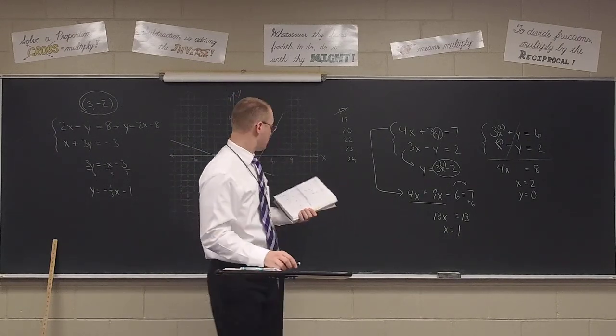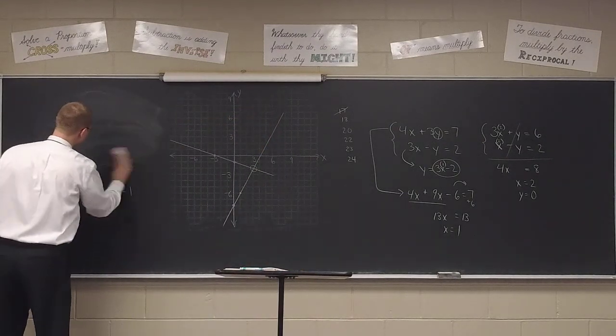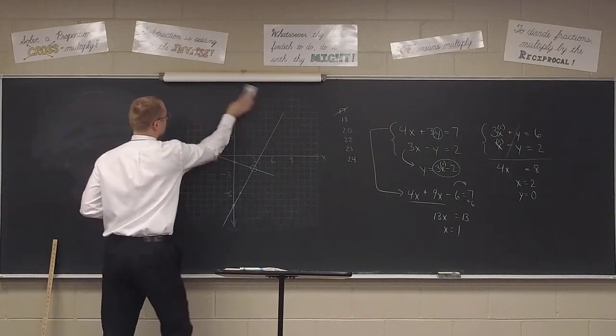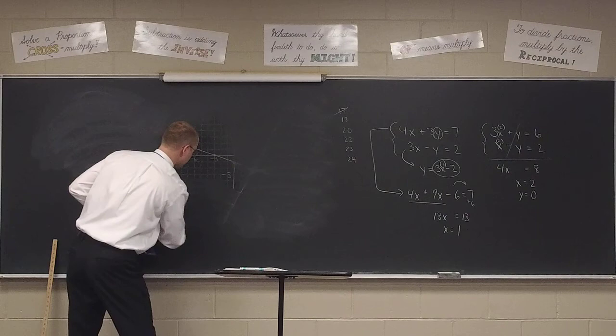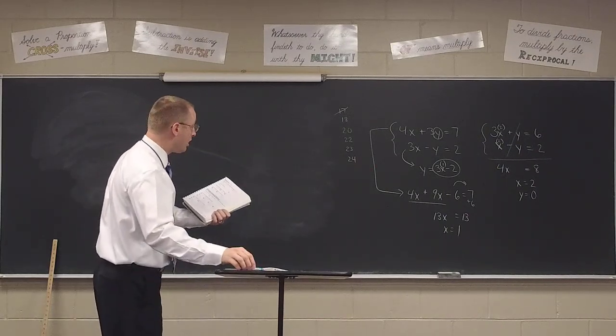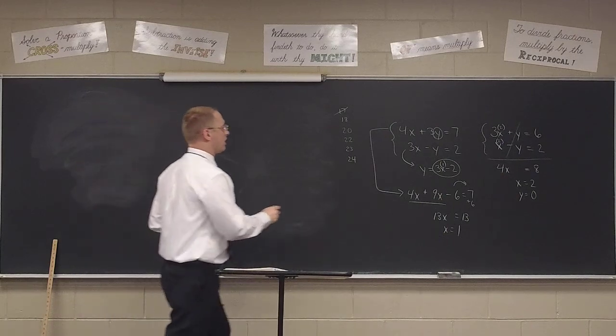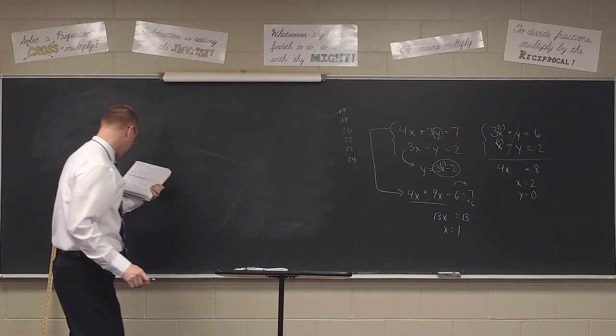Number 22, Maddie, let's come to you on this one. Substitution or addition, Maddie? Substitution on 22. Excuse me, I'm saying number 22. Number 20 is the next one. Let's go with 20. Maddie, substitution or addition?